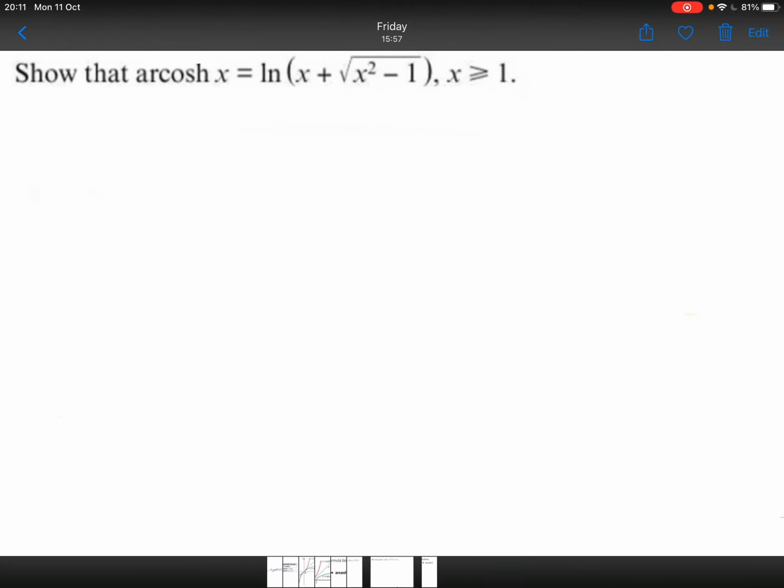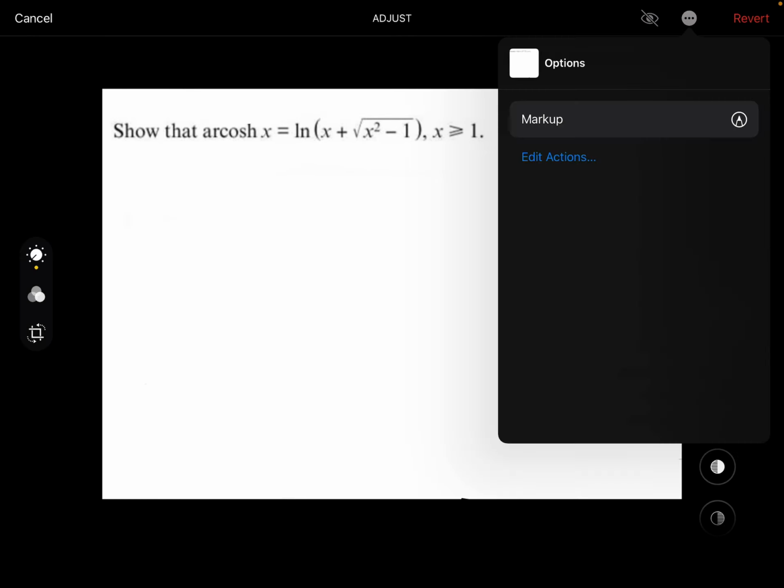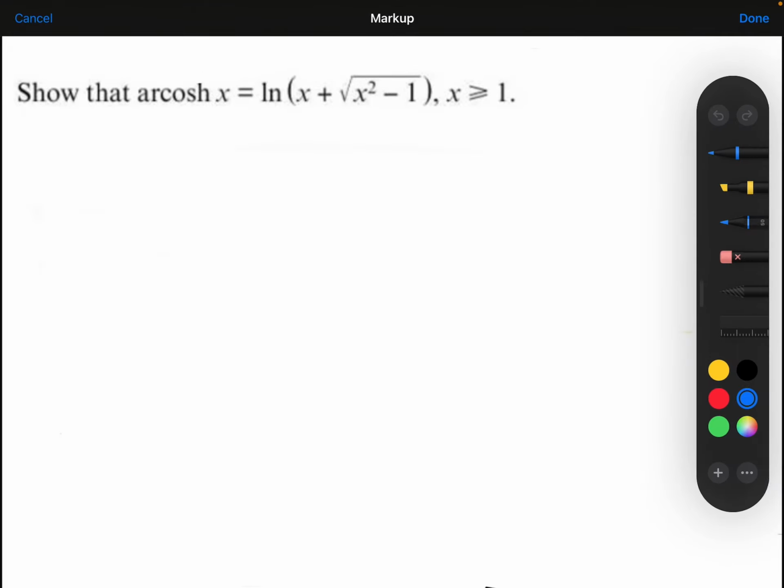Next, let's do the r cosh. We're going to follow the similar procedure. It is quite a long, complicated procedure, so I think it is worthwhile us doing a second example. And there is another thing to bear in mind at the end as well. So we want to show that r cosh x is equal to ln of x plus the square root of x squared minus 1.